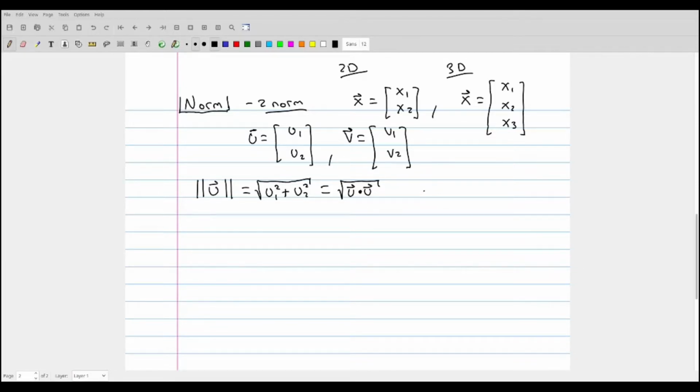Remember that the dot product between any 2 vectors is the sum of the components, each individual component multiplied together, and then added. These calculations are in 2D, but this formula and idea apply to 3D as well.